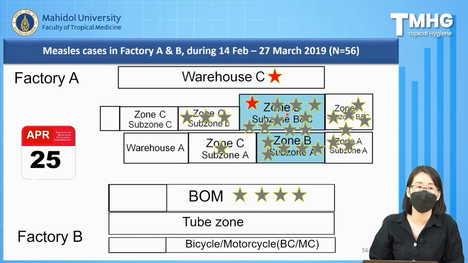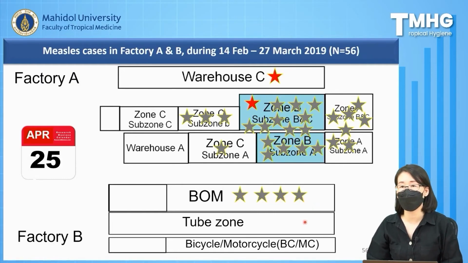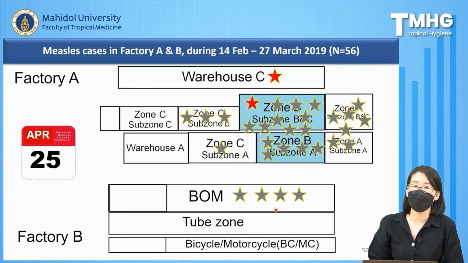So you can see that in zone A and zone B in factory A, the problem actually occurred in factory A, more severe than factory B, right? Factory B was affected by measles significantly less than factory A. And I think the red star means the index case.